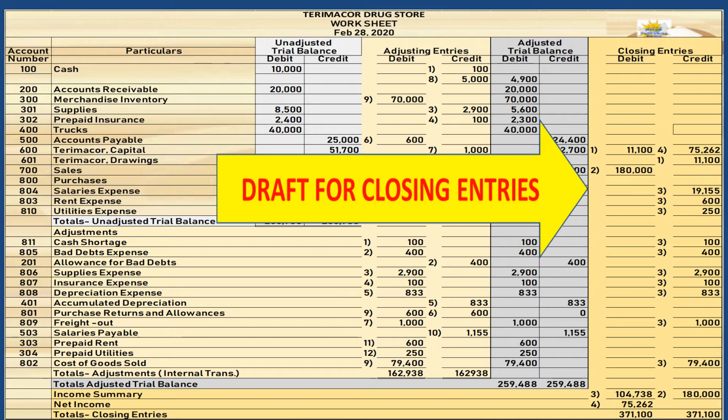So in theory, the preparation will be an adjusted trial balance, adjusting entries, adjusted trial balance, then closing entries. But in practice, we leave the closing entries on the worksheet while we are preparing the financial statements, until the financial statements are finally submitted to the regulatory bodies, to make sure that whatever we record in the books of accounts will be permanent and final.